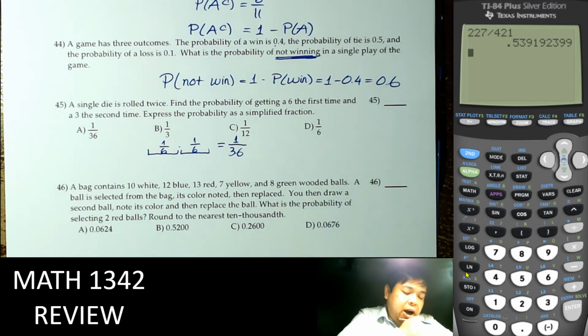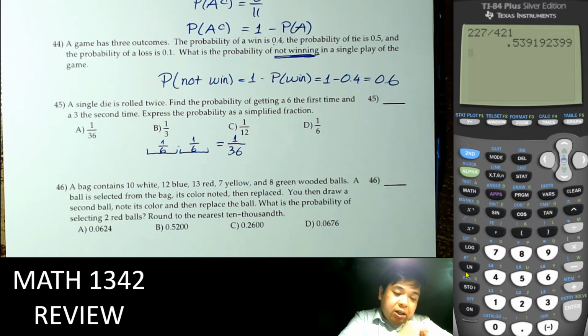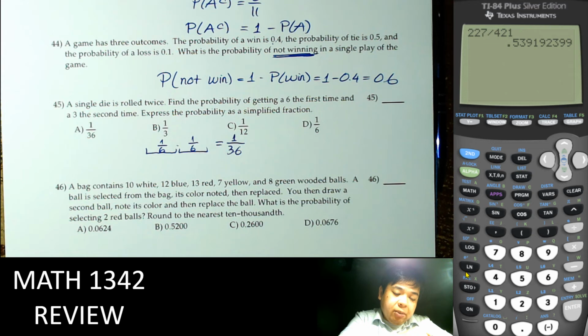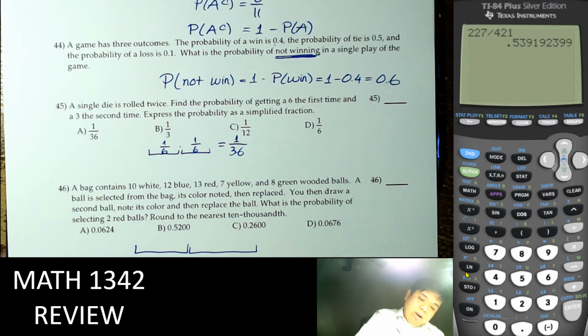Next, a bag contains 10 white, 12 blue, 13 red, 4 yellow, and 8 green marbles. A marble is selected from the bag, the color is noted, then replaced. You then draw a second marble, note the color, then replace. What is the probability of getting 2 red marbles? So we're going to get red on the first one and red on the second one.